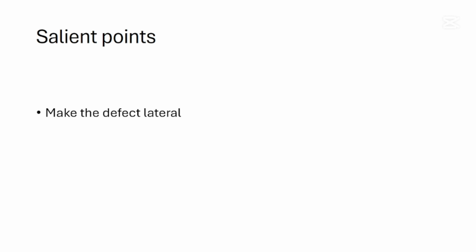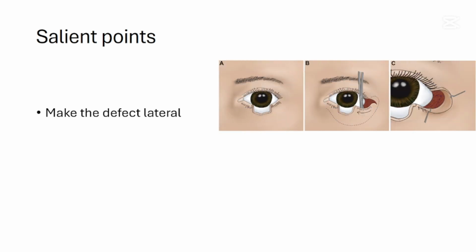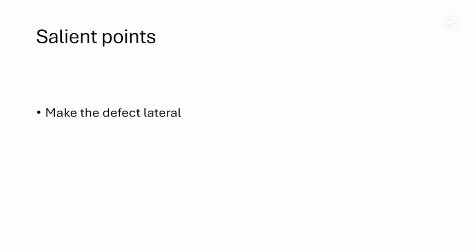Another trick is, if there's a defect, make the defect lateral, so it's easy to correct the lateral deformity. Mobilize the skin over here and suture it, and then laterally it's okay. The functional components are mainly on the medial side.